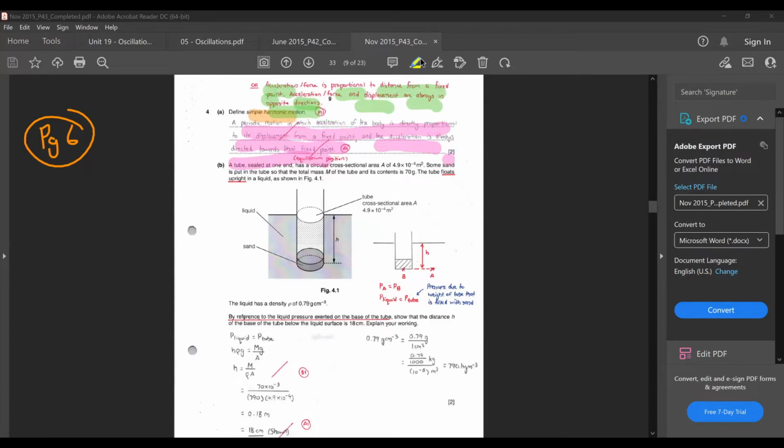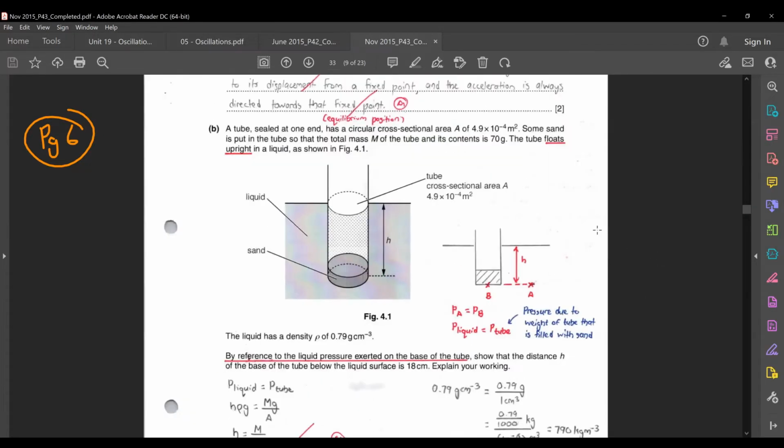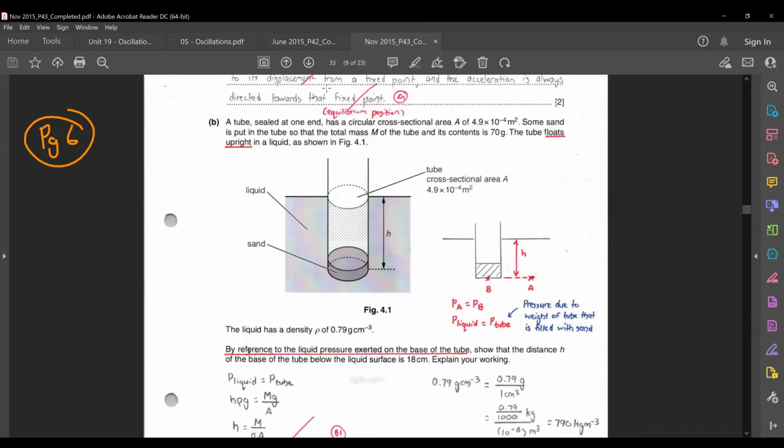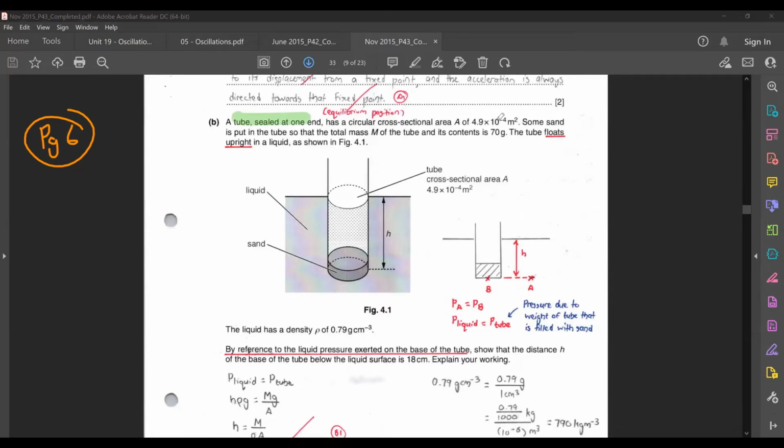Now, part B kind of relates to what you have learned in AS physics before. They mentioned to you that you have a tube that is sealed at one end that has cross-sectional area of 4.9 times 10 power minus 4 meters square.